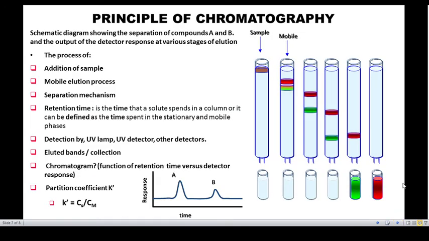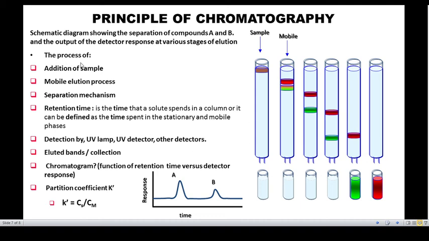Now, the fundamental process involved in a chromatographic technique is explained like this. When you take a mixture of two components A and B in the sample and introduce it into the column containing a stationary phase bound to a supporting medium, the output of the detector response at various stages of elution can be seen in this picture.